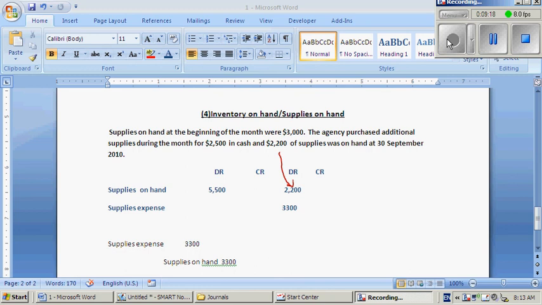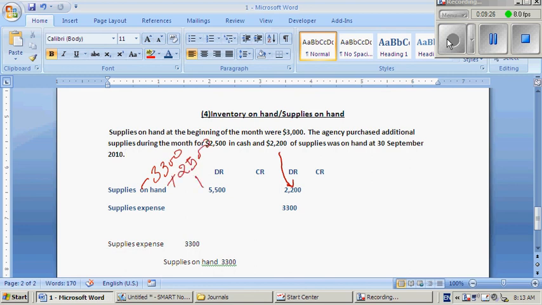So your total cost will be 3,000 plus 2,500, which is 5,500. So difference from this amount to that amount, that's your expense, right? The gone case. And this is your asset, but this one is your expense, right?